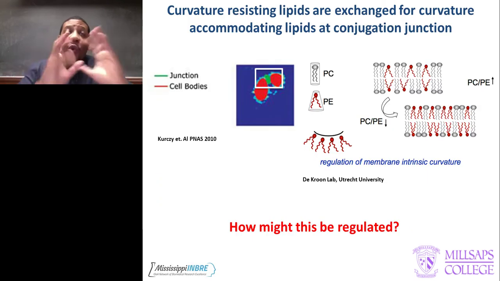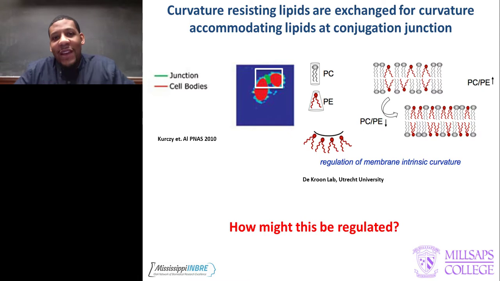So why do we think we can use that particular fusion event as a model? Well, there's a beautiful paper published in 2010 from the Ewing group at Penn State, where they used mass spectrometry imaging to look at the lipids at the conjugation junction of mating Tetrahymena.